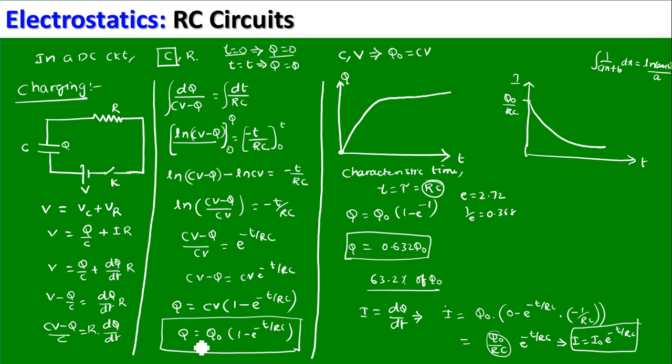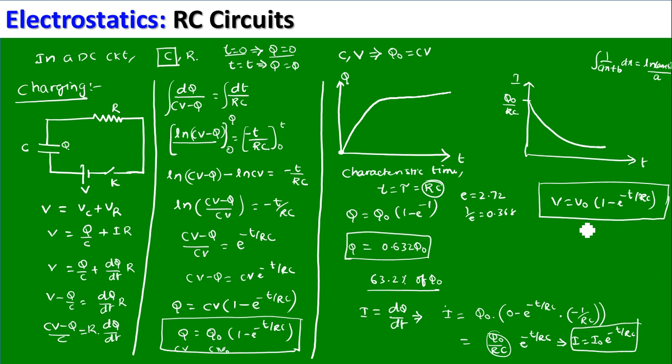So if you substitute CV and CV naught here, where V naught is the initial potential, C and C get cancelled, and you get V is equal to V naught into 1 minus e power minus t by RC. So this graph also looks the same as your charge graph. Understand? Yes. Now this is about charging, how the charging process happens in a capacitor.